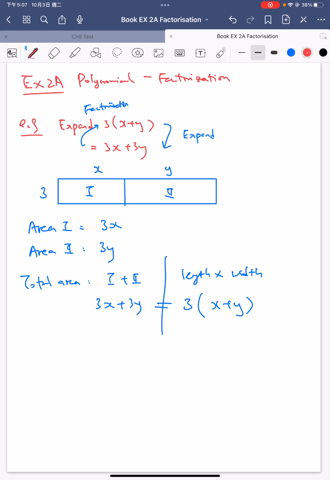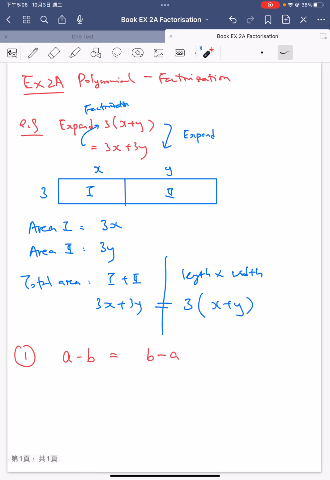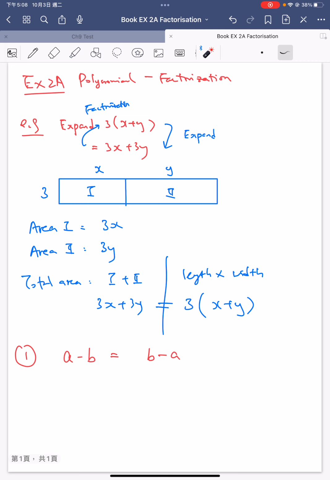Something you need to bear in mind is that if we have a minus b, you can write it as b minus a, isn't it? It's not necessarily true, but if you want to reverse a and b, you can still do it by adding a bracket to the outside with a negative. The second one is if you want to bracket something.